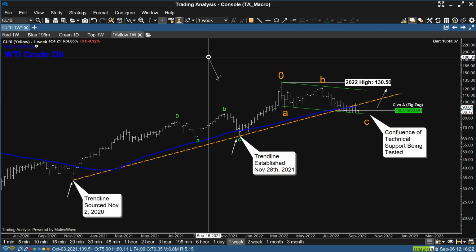And for those of you who are unfamiliar with the world of Elliott wave, there are only three corrective patterns.